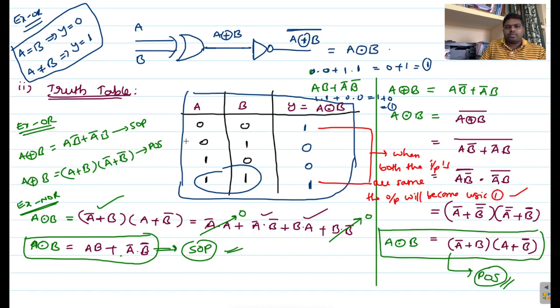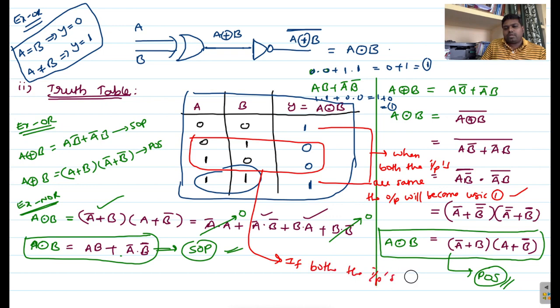And if both the inputs are not the same, otherwise not equal, then the output will become logic 0.